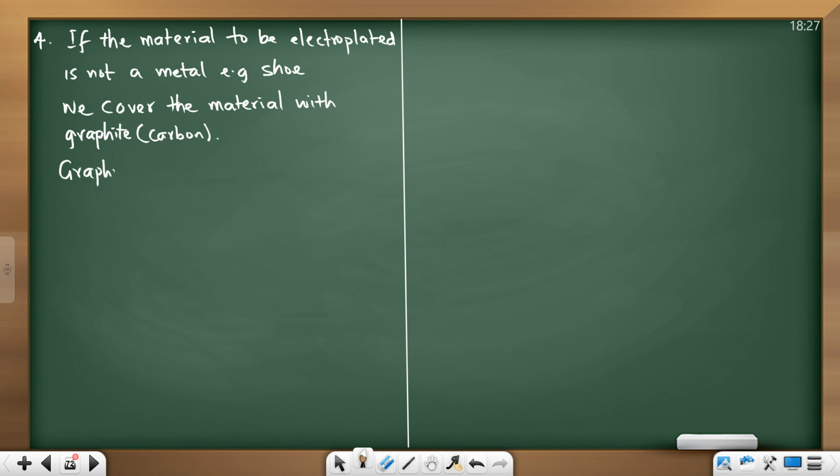Graphite is a semiconductor and inert material, because we said our electrode must be a conductor. Remember, electric rod. Okay, so these are the important points that we have.